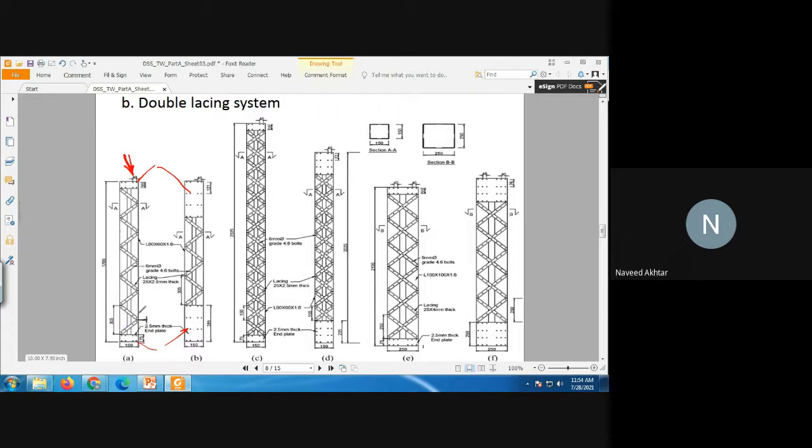And then only inclined bars are there. So this system is called a single lacing system.